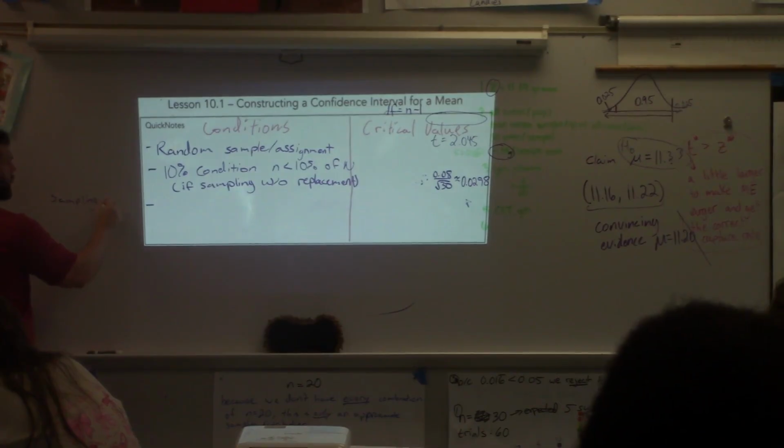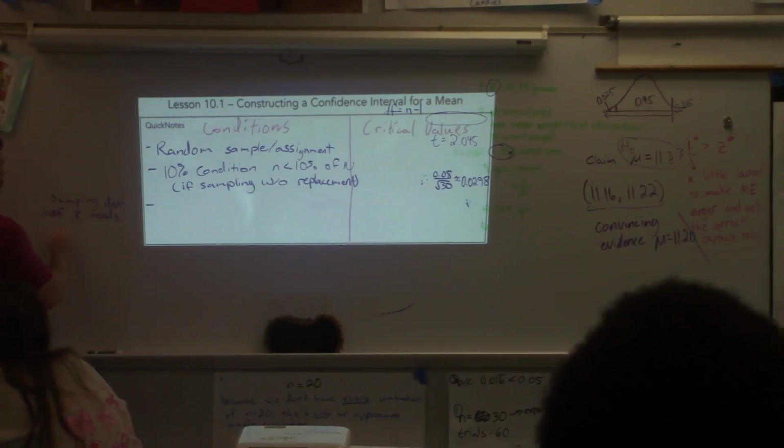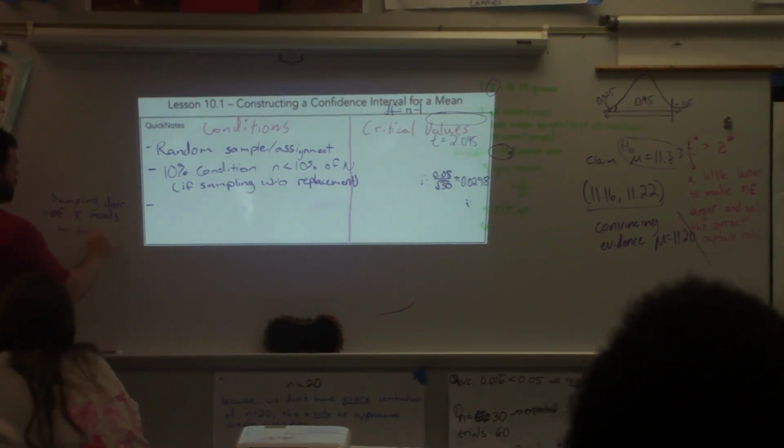The sampling distribution of x bar needs to be approximately normal.